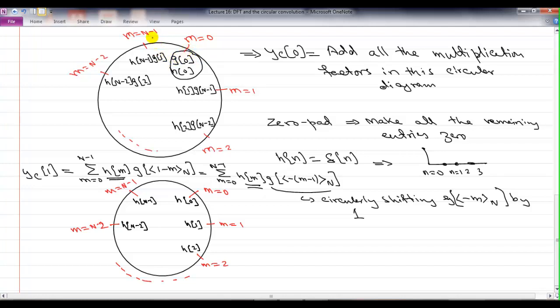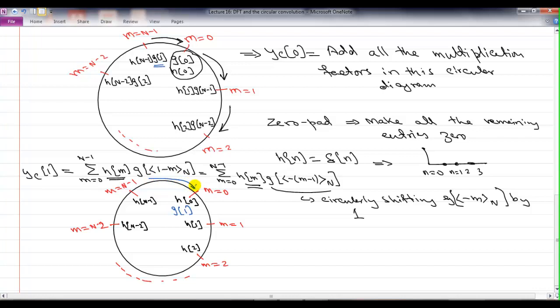So whatever g value was at m equal to n minus 1 will now be used at m equal to 0. What was at m equal to 0 will be used at m equal to 1, and so forth. So at m equal to 0, instead of g0, we now get g of 1, because g of 1 was previously at n minus 1.